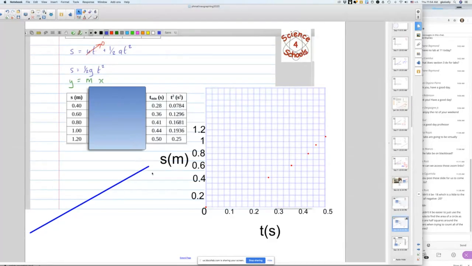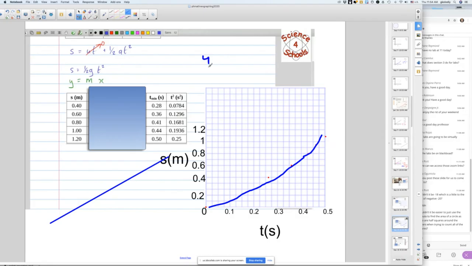And, oh, look at that. No, it's not quite right. It didn't quite make a straight line. It was pretty close, but it's not a straight line. It turns out if you actually draw the curve, you see it goes up like that. It seems to be one of those y equals k x raised to some power.